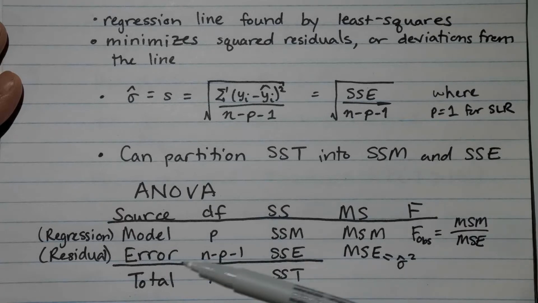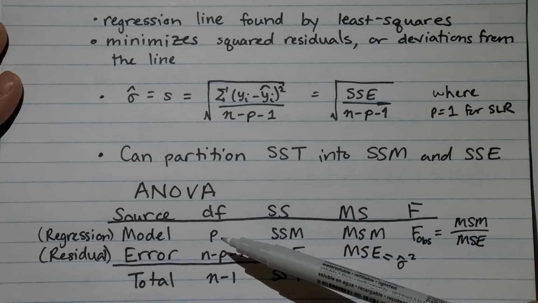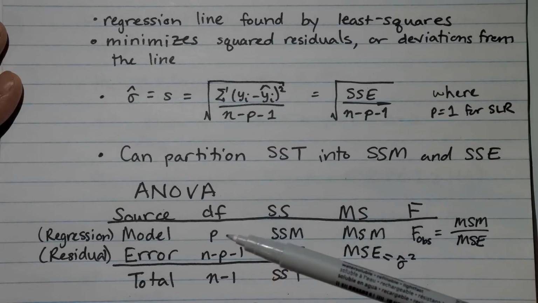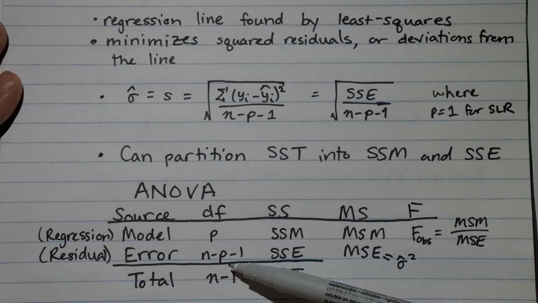But the point is that due to our regression model, we have associated with that p degrees of freedom. P is the number of predictor variables. The error has n minus p minus 1, which can be found by subtraction because the total sum of squares is n minus 1. So the degrees of freedom partition and the sums of squares partition.